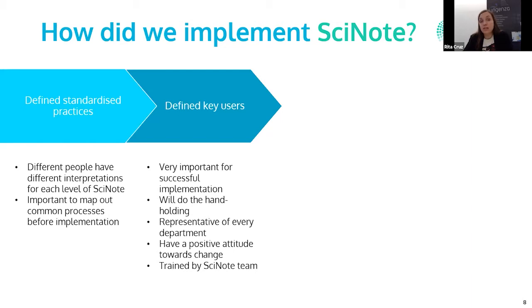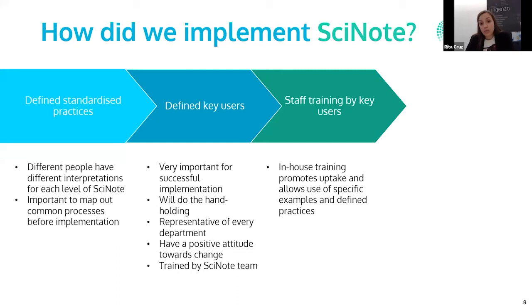I have to say, even after having used SciNote for 4 years, there are more things that SciNote can do that we don't use yet. So I think it was important to decide that we didn't have to make use of every possible feature that SciNote has. But it was important to have the key users trained on every possible feature, so that one day if we decide to use it, they will know how to do it.